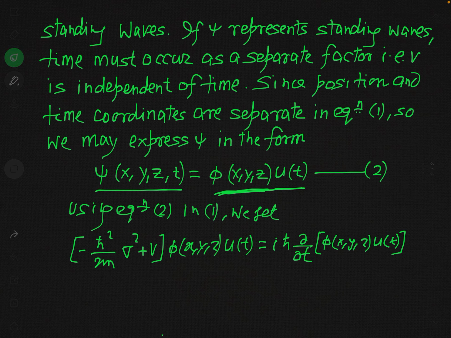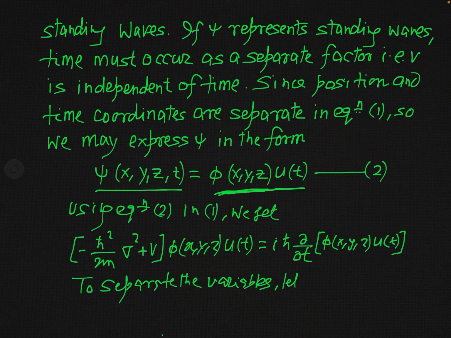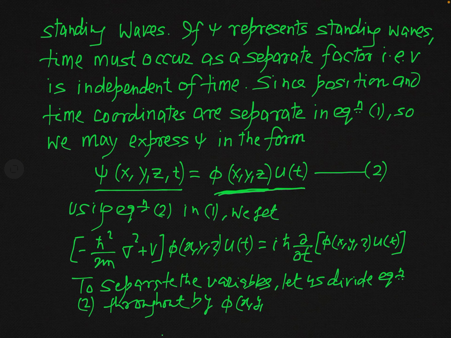So to separate the variables, let us divide equation 2 throughout by the product of phi of x, y, z times u of t.